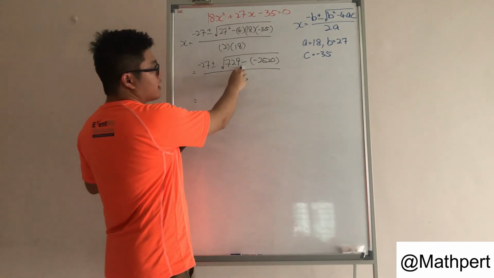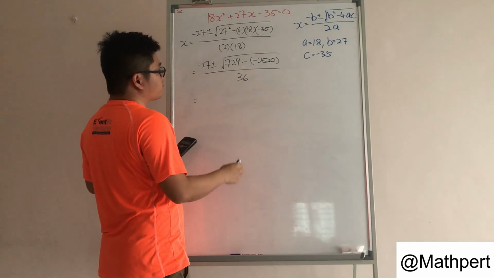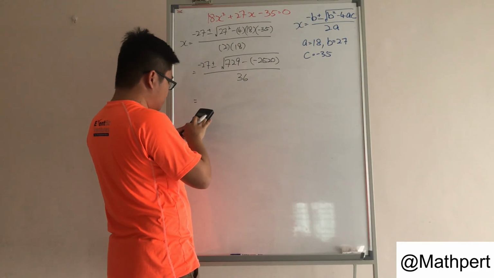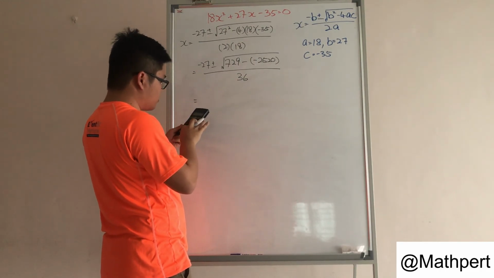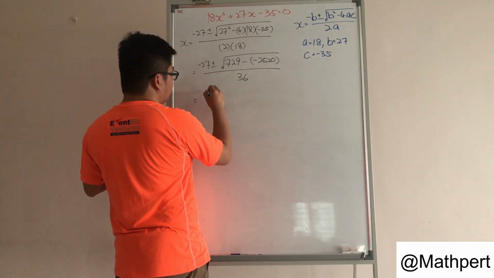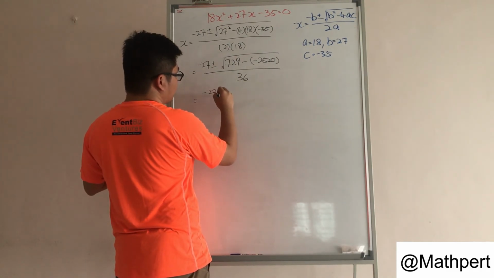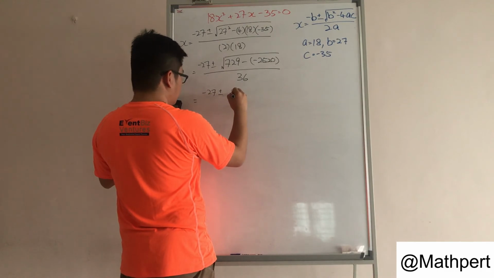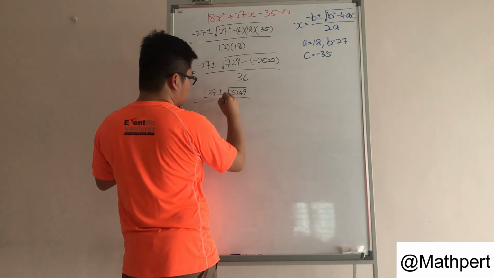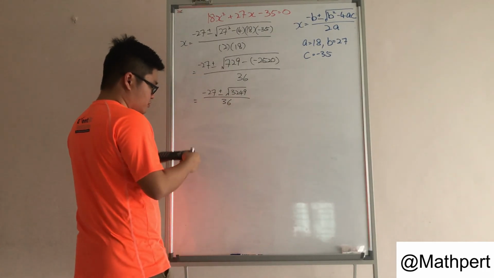Here negative becomes positive. So 729 plus 2520 is 3249. So it's negative 27 plus minus the square root of 3249 over 36.